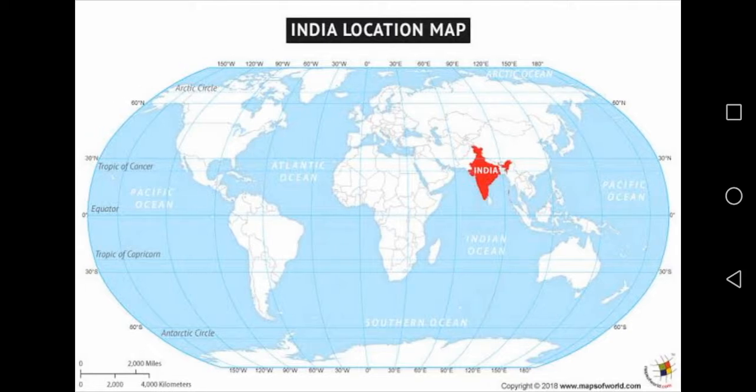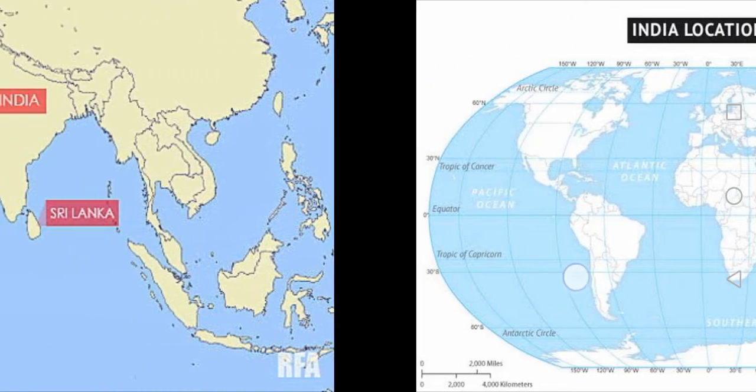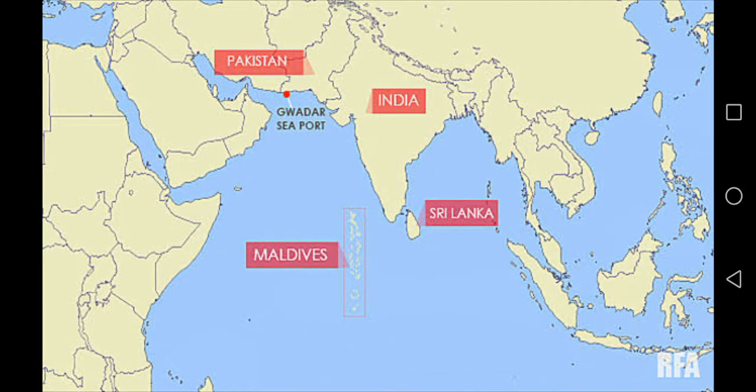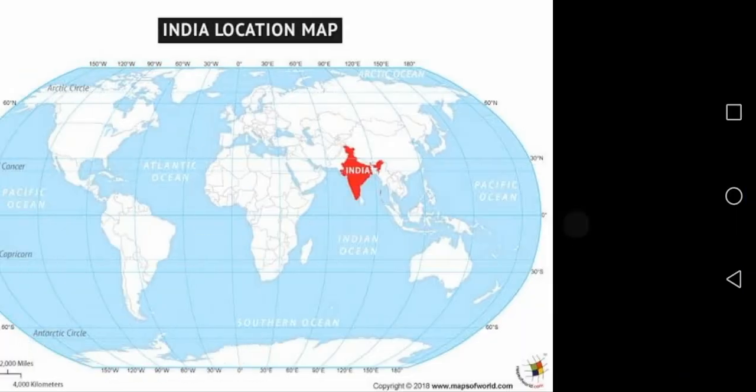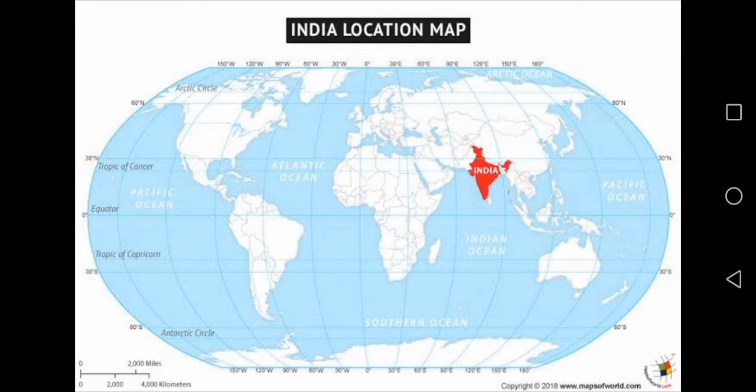And I want to explain also, latitudes always tell about the location of a particular country, while the longitudes tell about the distance of a particular area, state, country.